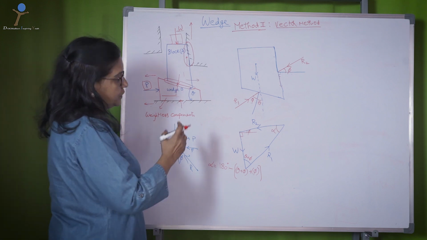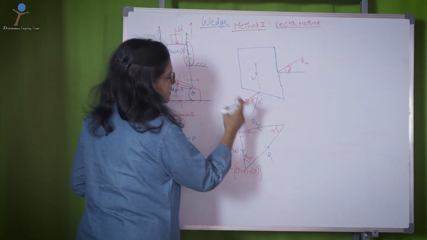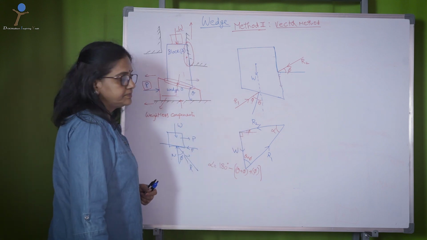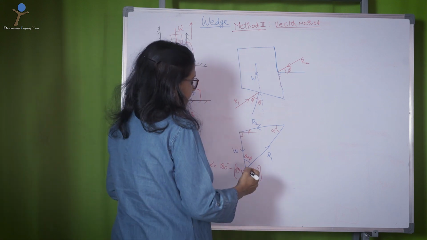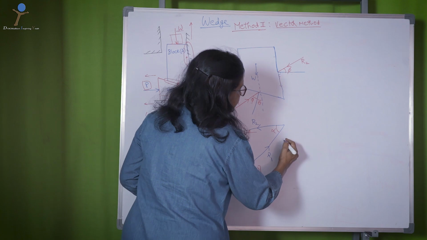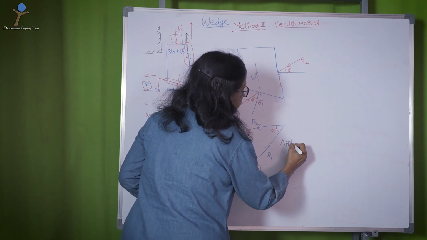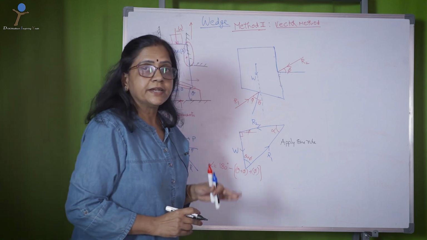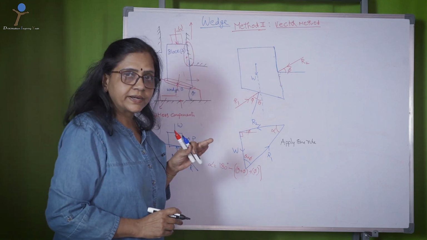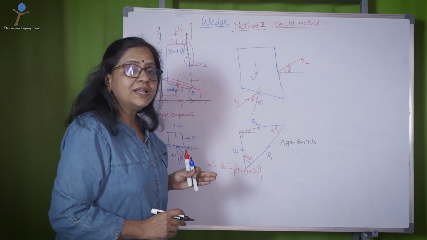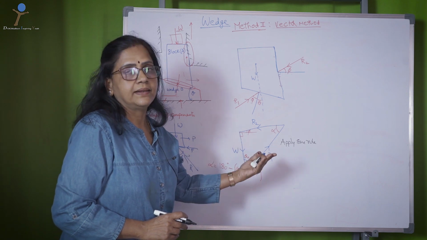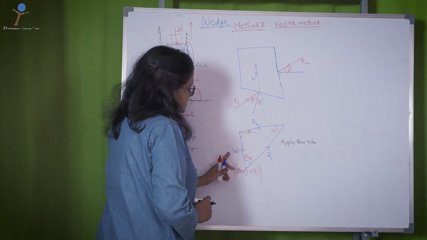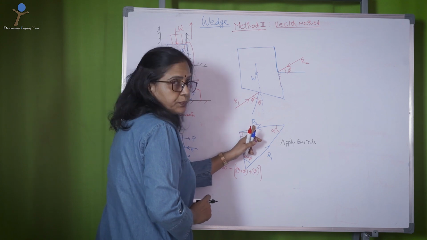Now, since you have three forces and a closed vector diagram, apply the sine rule to determine the unknown. Now, what do you mean by sine rule? Sine rule is the ratio of force vector to sine of opposite angle. That means, let me take first this vector R2.